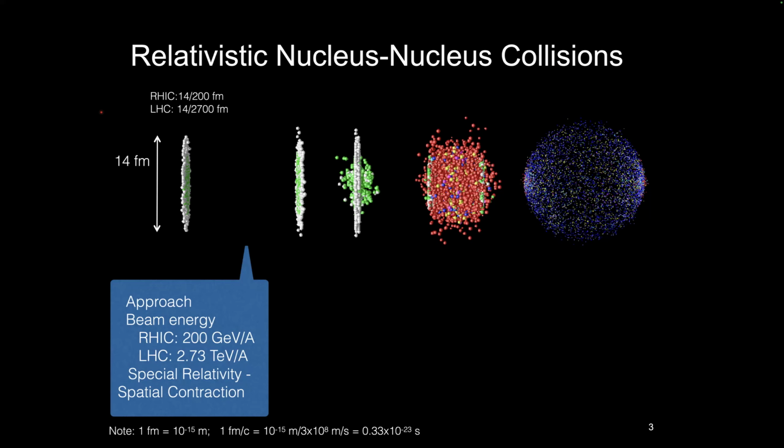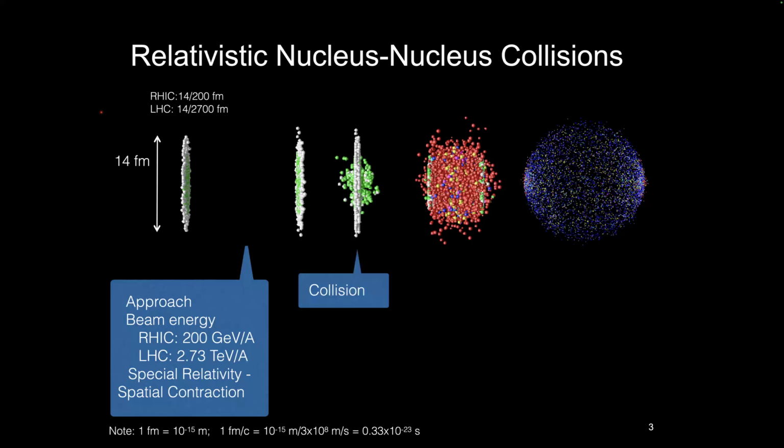So these two nuclei approach one another. At RHIC top energy, we're speaking of 200 GeV per nucleon. At LHC, when I created this slide, the energy was 2.76 TeV, but now we have achieved much higher energy in these collisions. So basically, these nuclei are traveling near the speed of light.